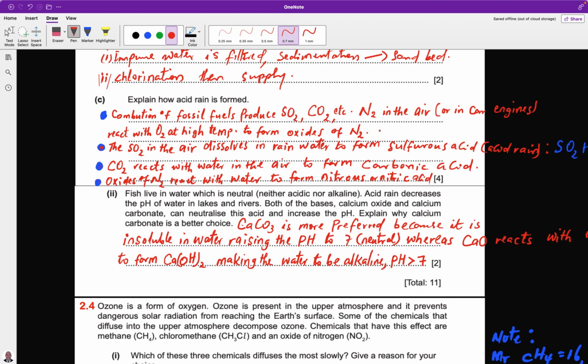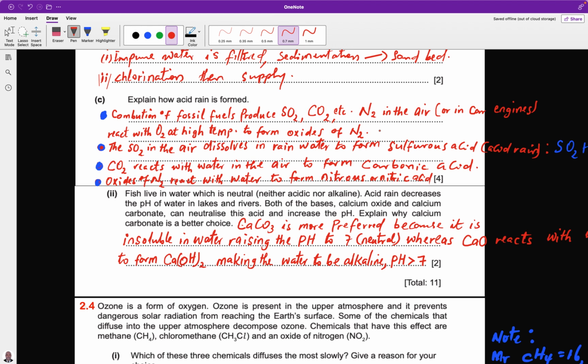Either it reacts at high temperature or it reacts during lightning, because lightning will also produce high temperature, to form oxides of nitrogen. So there are three oxides now: sulfur dioxide, carbon dioxide, and oxides of nitrogen.